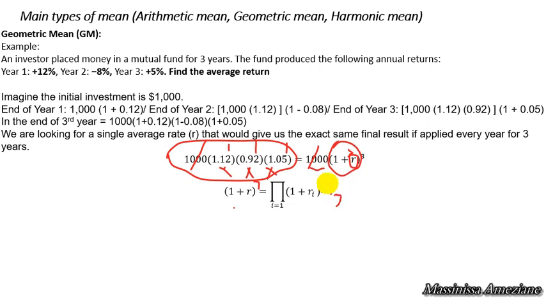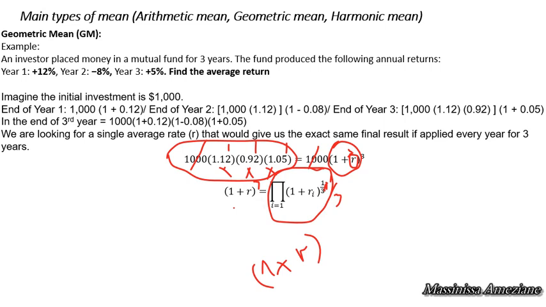So 1 plus the interest, which is the growth factor, equals the product of all the other growth factors, 1 plus Ri, to the power 1 over the number of periods, the number of observations. An observation is a period, so 1 divided by 3. If you remember the formula of the geometric mean, this is exactly the formula.